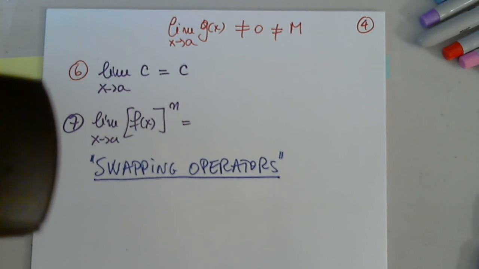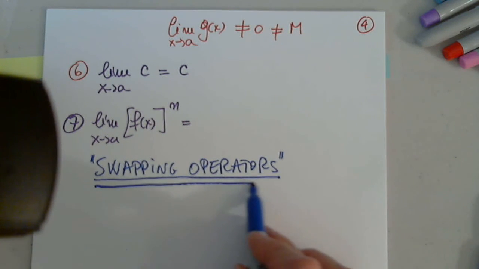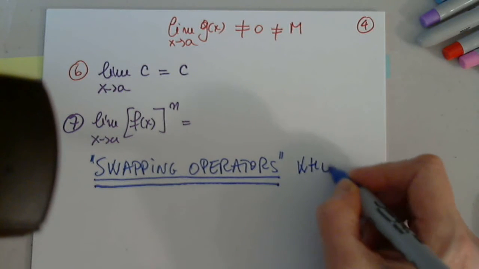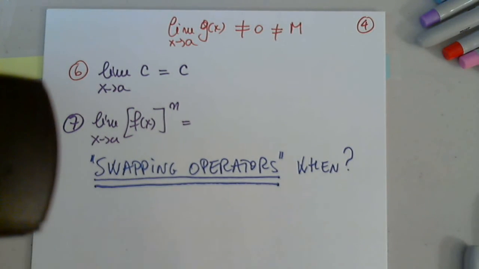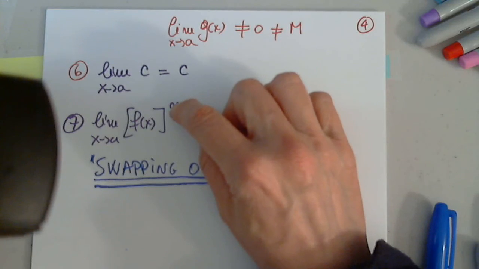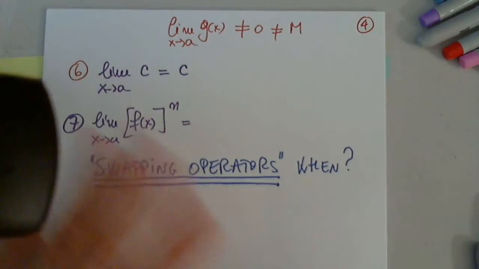I'm not interested in you remembering the theorem, but at least in the long run, remembering what swapping operators means, and when. When is this allowed? And the question is, what operators am I trying to swap? This is an operator. It's a power of a function.